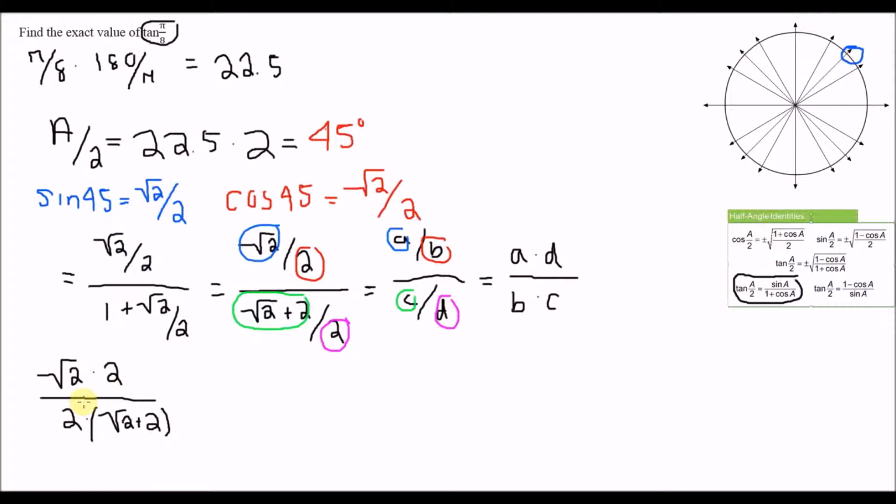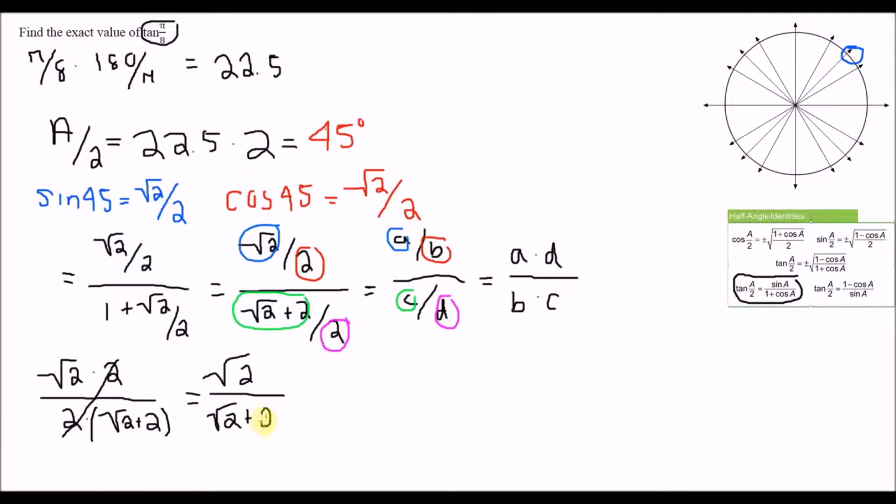These two twos cancel out, and they leave us with square root of 2 over square root of 2 plus 2.